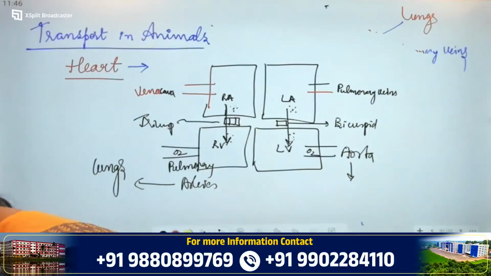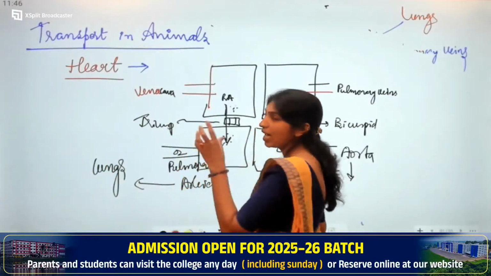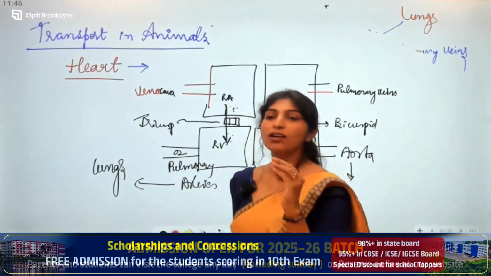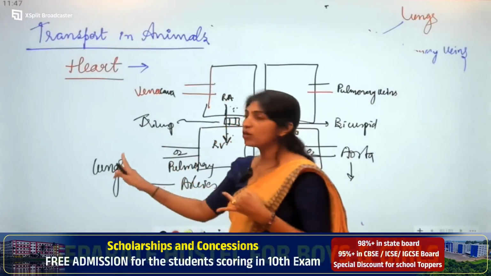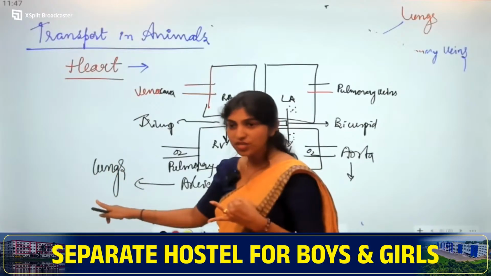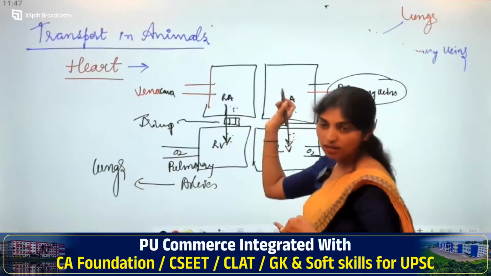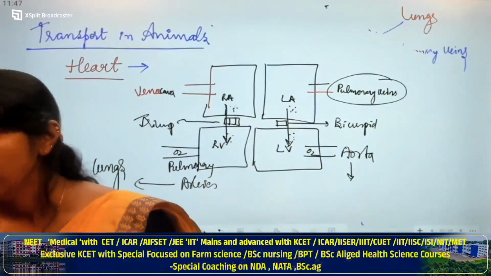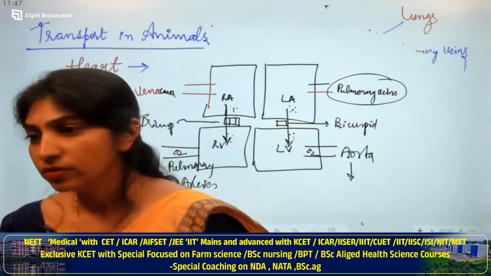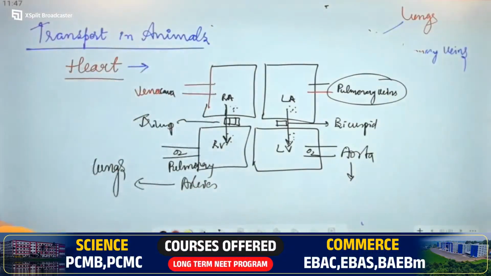See, the arteries and veins that arise from the lungs are called pulmonary arteries and pulmonary veins. The pulmonary artery will carry the deoxygenated blood to the lungs. The pulmonary veins will carry the oxygenated blood from the lungs to the heart.